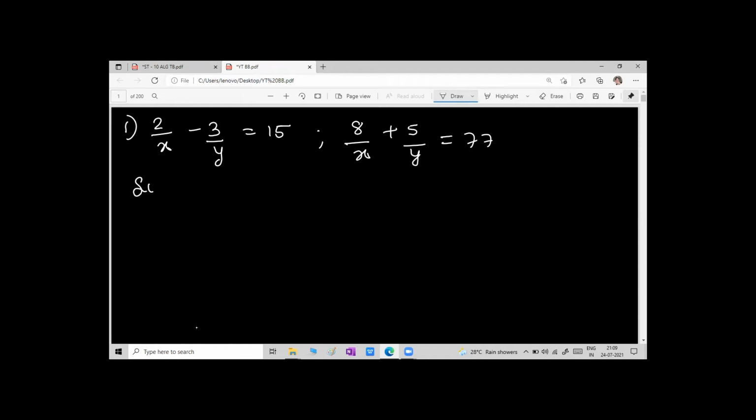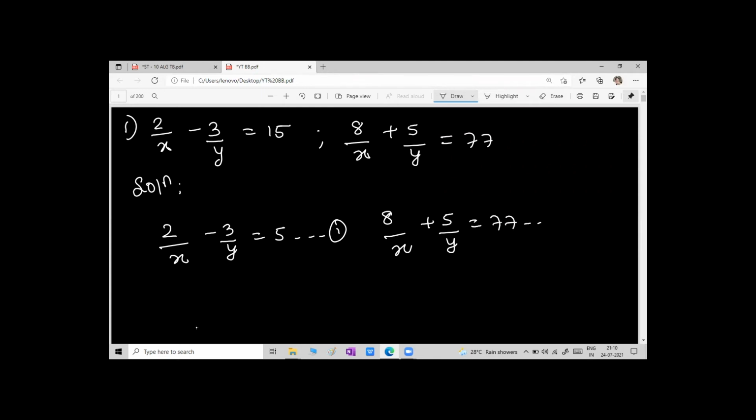Now, let's go for the solution. Let me just mark these equations as 1 and 2. 2 upon x minus 3 upon y is equal to 5. Let this particular equation be my equation number 1. And now 8 upon x plus 5 upon y is equal to 77. Let this be my equation number 2.